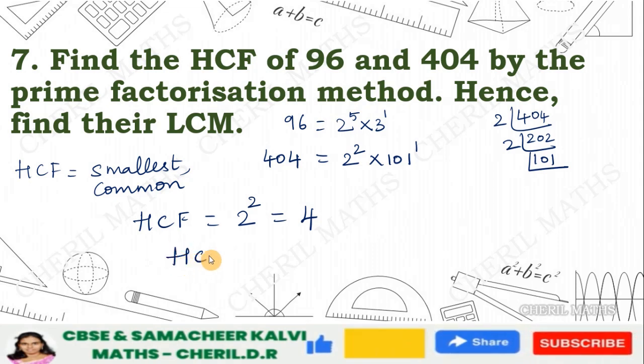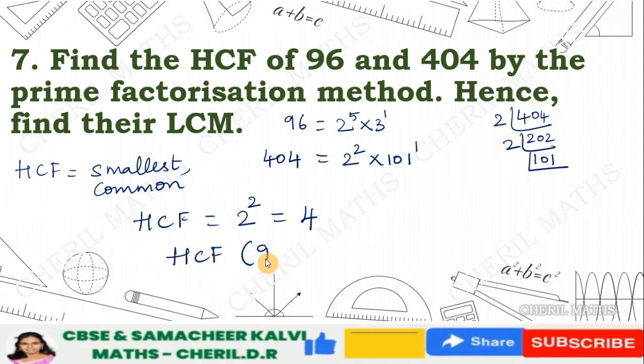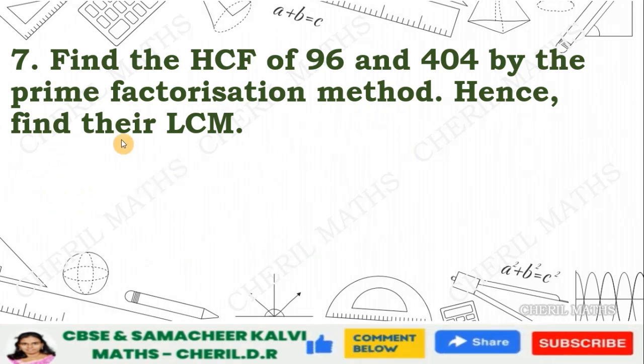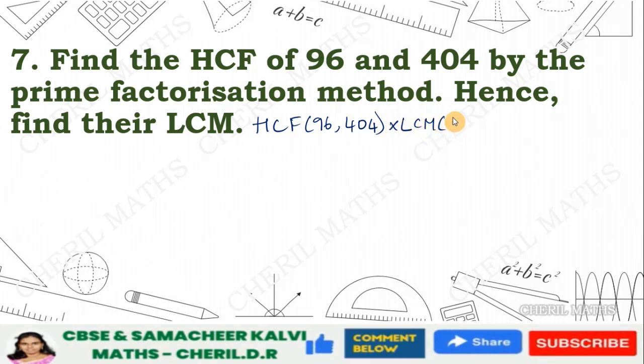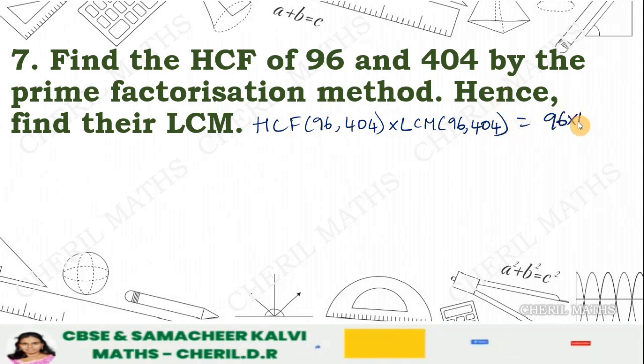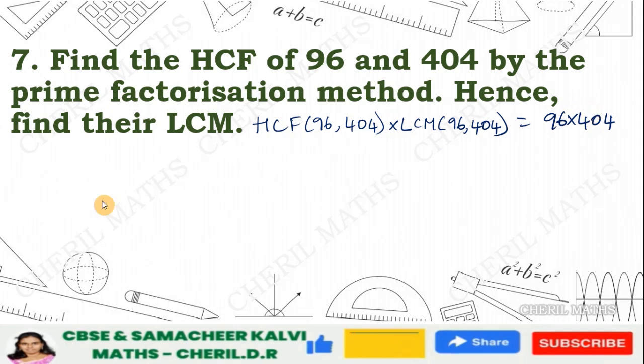So the HCF of 96 and 404 is 4. And what do we already know? The HCF of 96 and 404 into the LCM of 96 and 404 will be equal to 96 into 404. This is what we saw in the beginning.